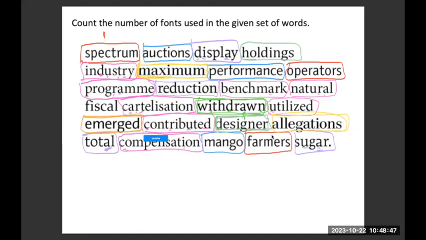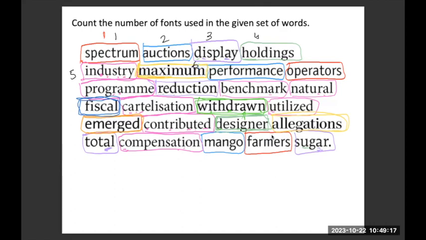This is different. Okay, no problem. This one is alone. It's different. So that comes to how many fonts? Let's count now. 1, 2, 3, 4, 5, 6.